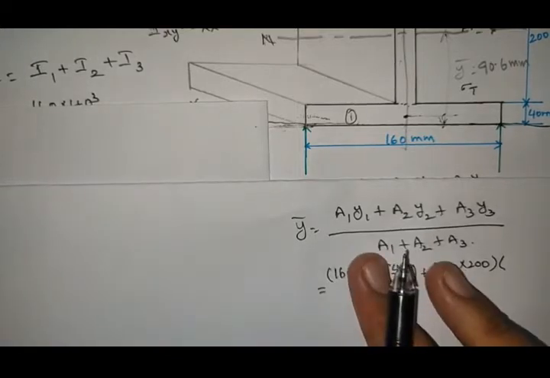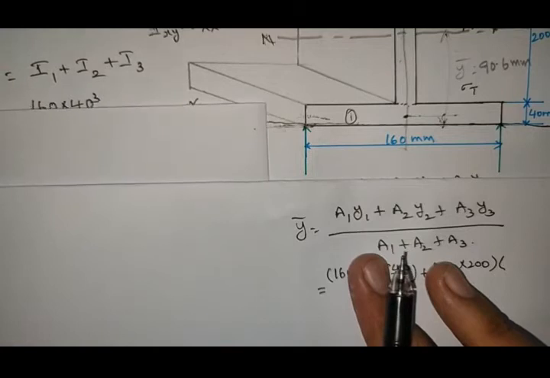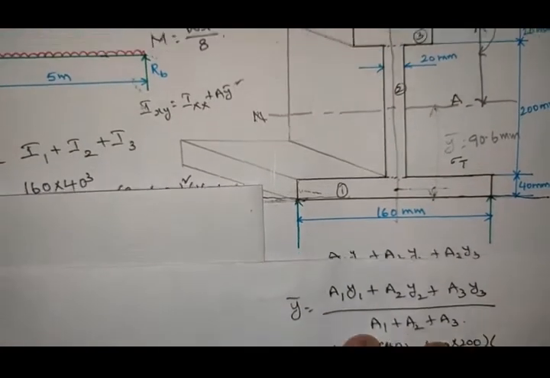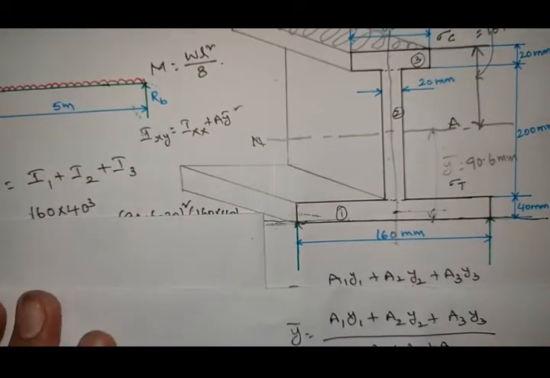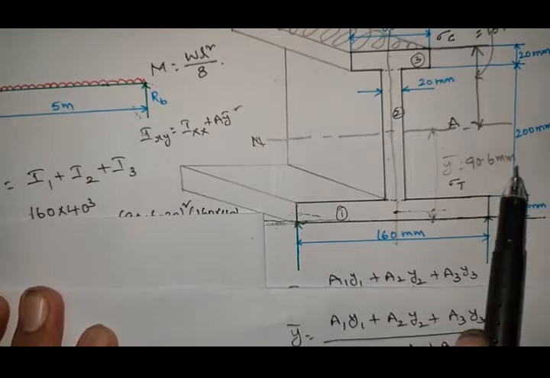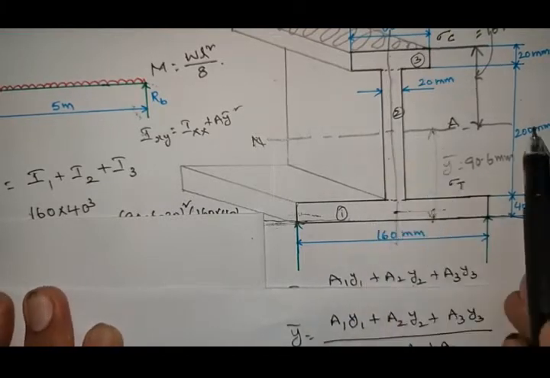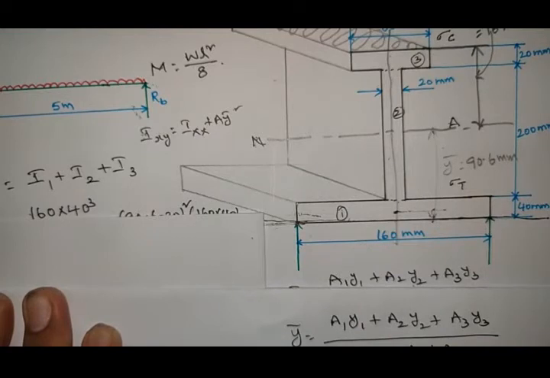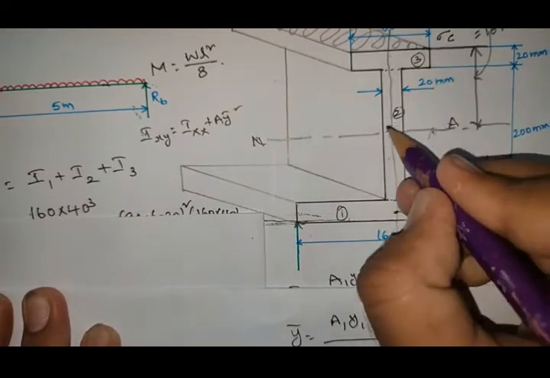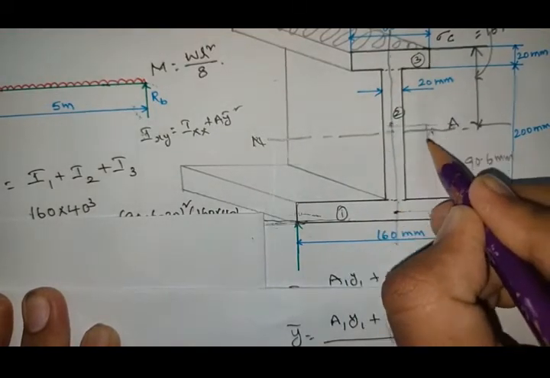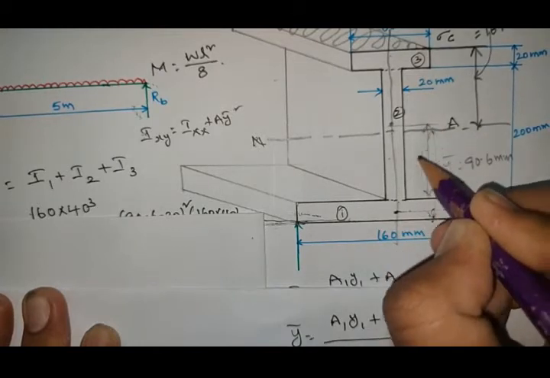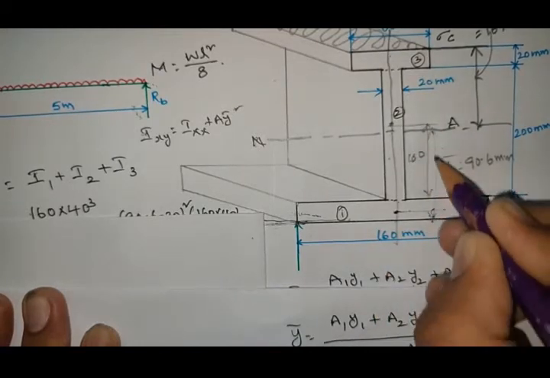So what is the y2 value? So that y2 will be equals to, so for this 200, the centroid will lie at the center, that is 100. Right, from here 100, and I require this distance from here to here.